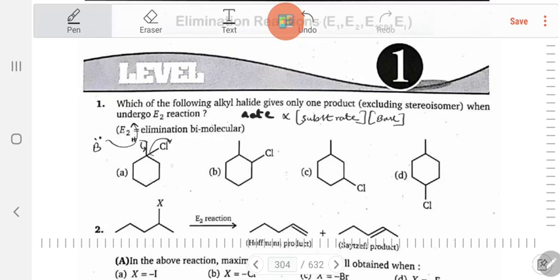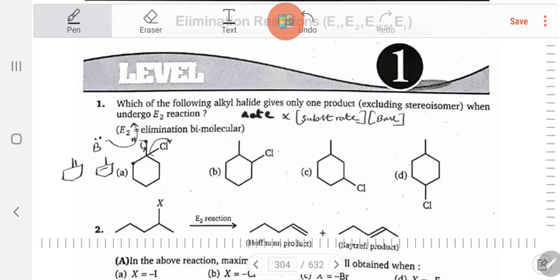So in option A, the base can approach the acidic hydrogen. That acidic hydrogen may be on the terminal methyl group, or it may be the hydrogen from here also. So there are two possible products in option A. One is you may get a double bond here, or the second one is you may get a double bond inside the ring.